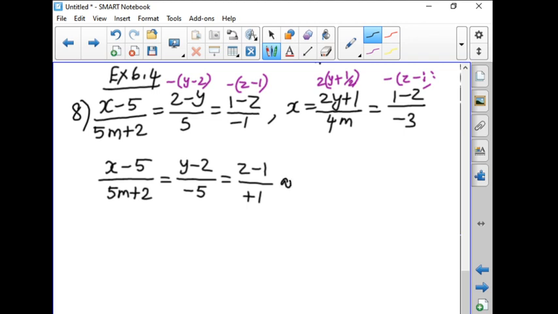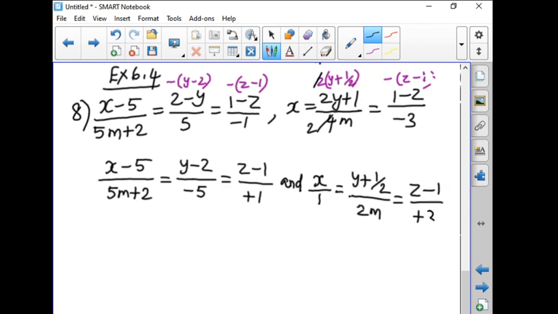And another line is x by 1 is equal to, 2 and 4 get cancelled, isn't it? So we can write it as y plus 1 by 2 divided by 2m is equal to z minus 1 divided by plus 3. Okay, we have changed the two lines.